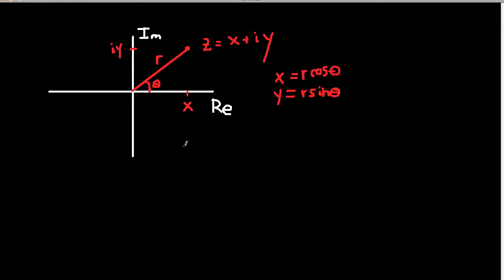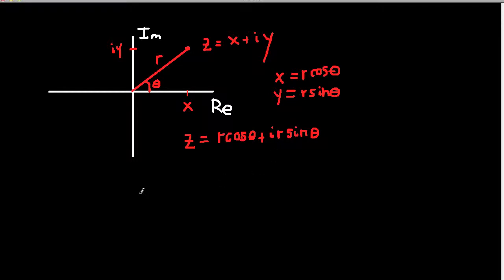And then we can write z, the complex number, as r cosine theta plus i times r sine theta, like that.